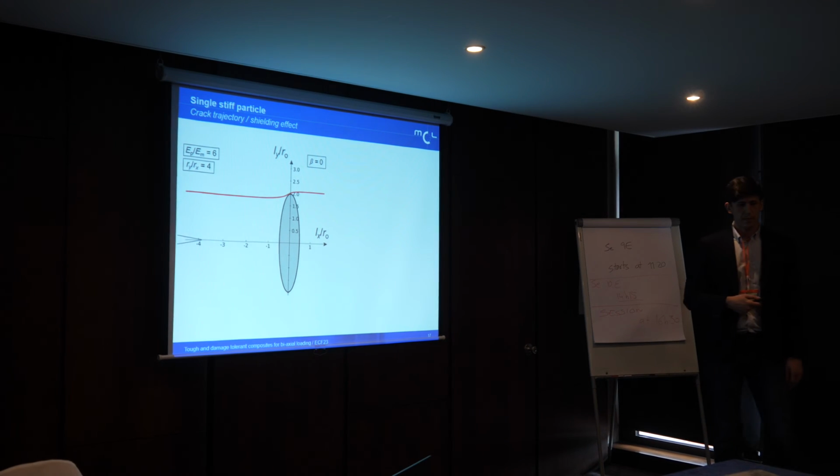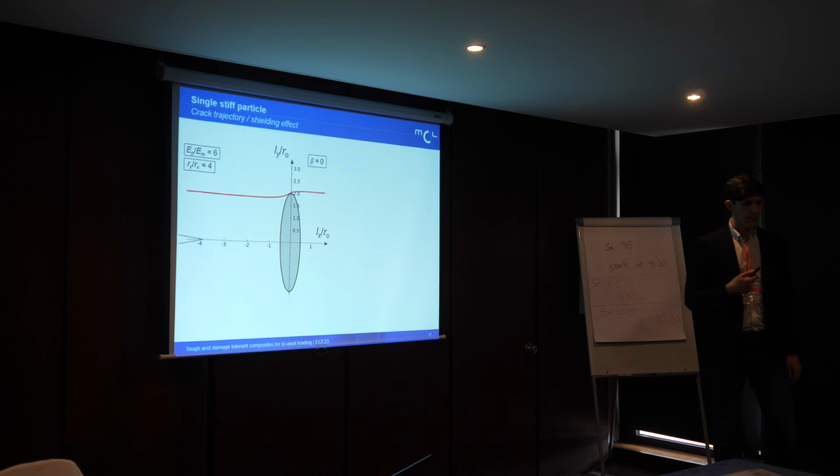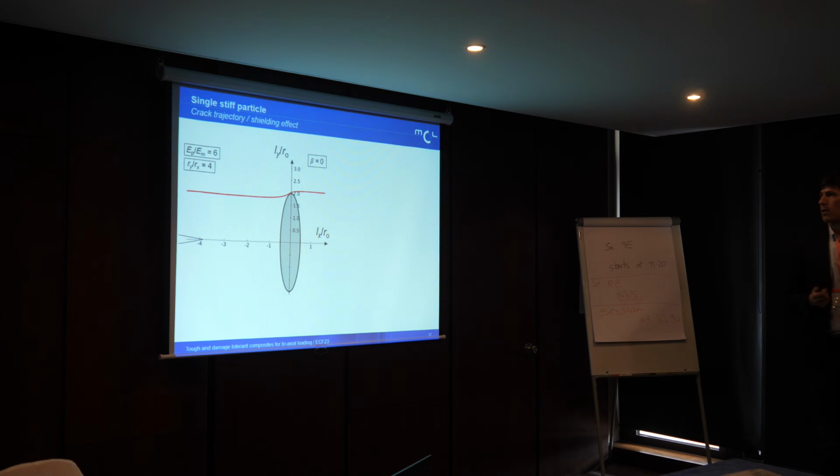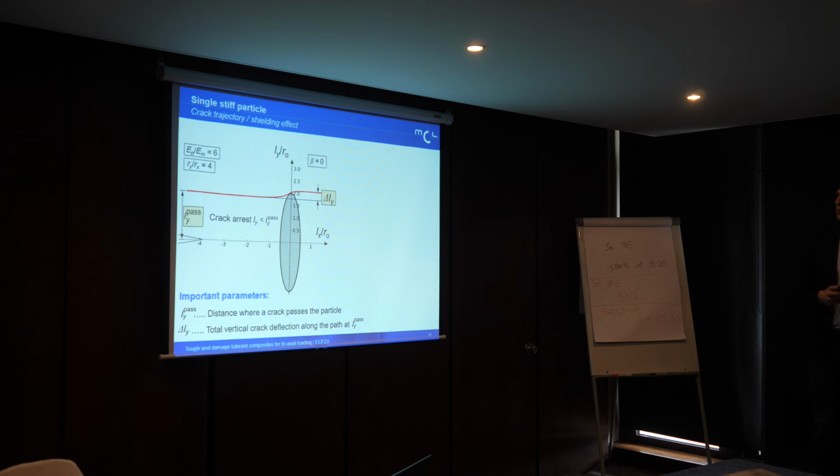To analyze the presence of stiff particles in the matrix, we again looked at the crack propagation around a single stiff particle, and for our purpose, two parameters were necessary.